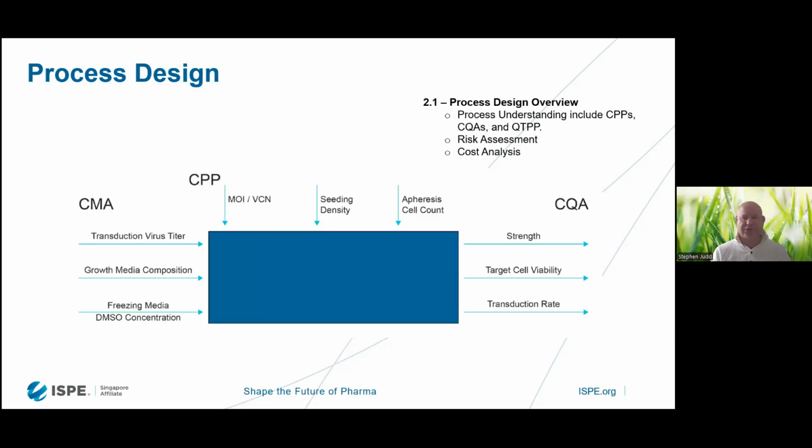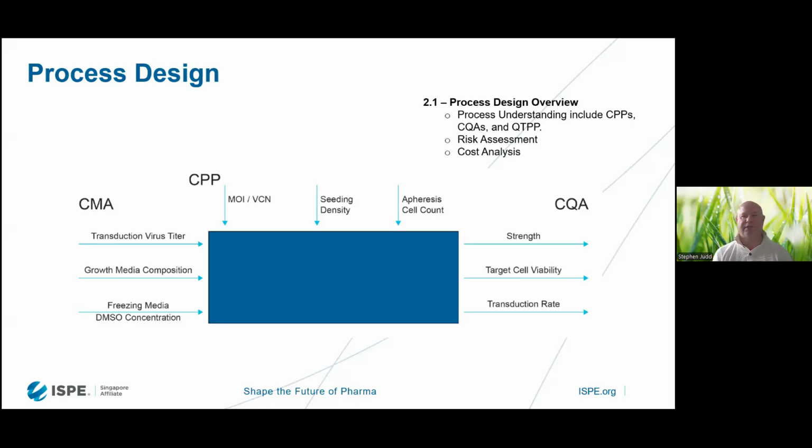Critical material attributes, critical process parameters, critical quality attributes. These are all critical to ensuring efficient manufacturing and the quality of the end product.